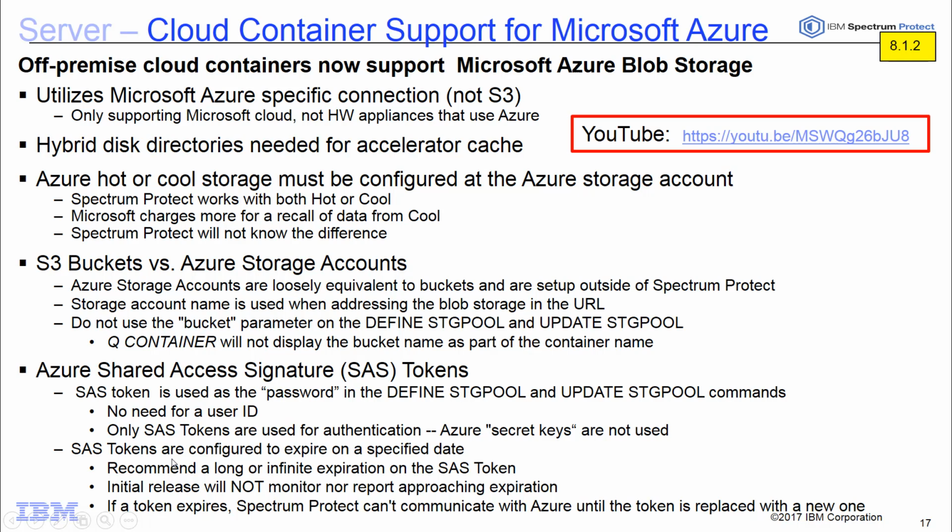However, the SAS tokens inside of Microsoft are configured to expire on a specified date, so we recommend you set that as a long or infinite expiration. The initial release of Spectrum Protect will not report or monitor on any approaching expiration of your SAS tokens. So if a SAS token does expire, Spectrum Protect won't be able to communicate with Azure until that token is replaced with a new one inside of the Spectrum Protect definitions.